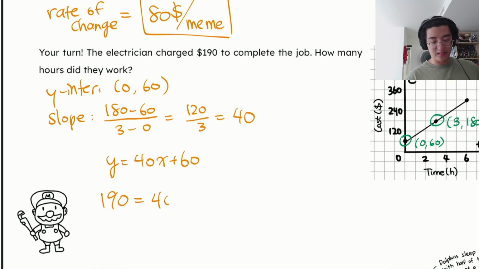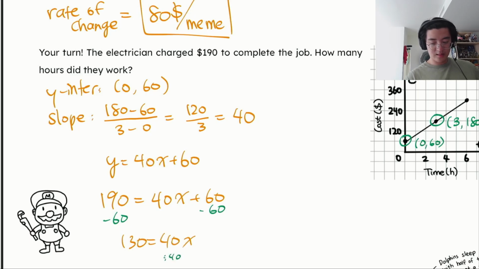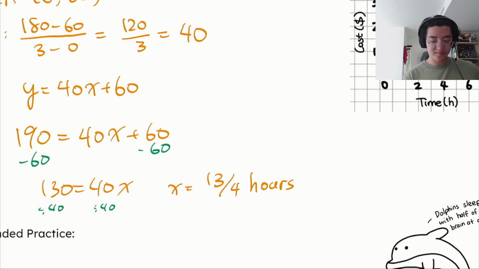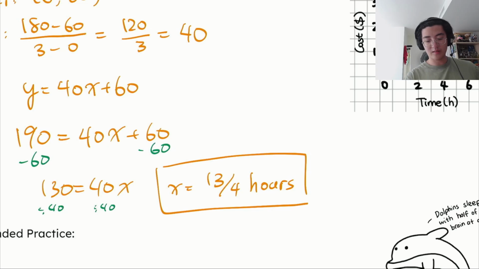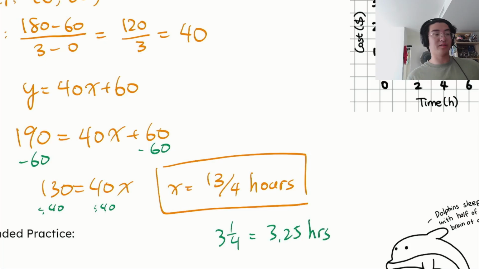So 190 equals 40x plus 60. We subtract 60 from both sides, and divide both sides by 40 to get 13 over 4 hours. That's our answer. So this electrician worked 13 over 4 hours, or as a mixed number, around 3.25 hours. So 3 hours and a quarter.